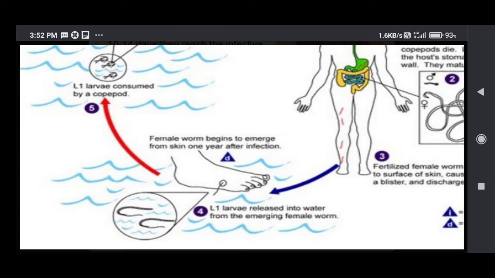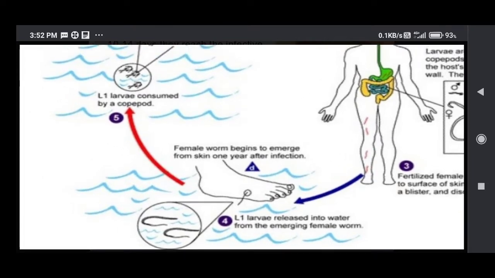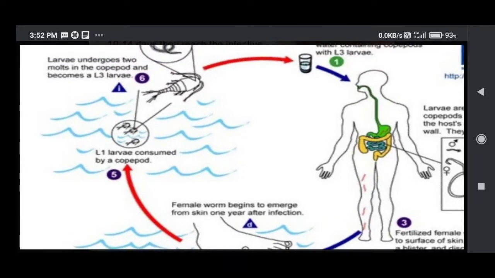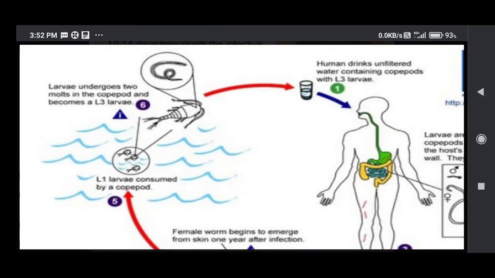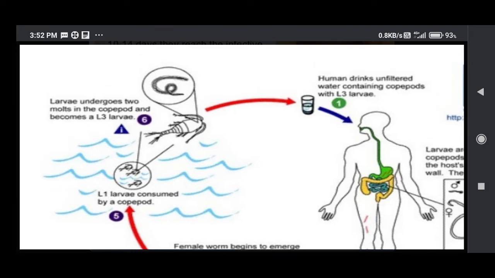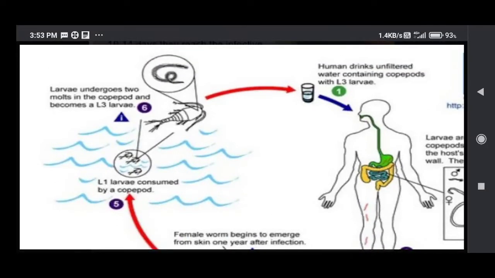These larvae move freely and are consumed by copepods, especially Cyclops.